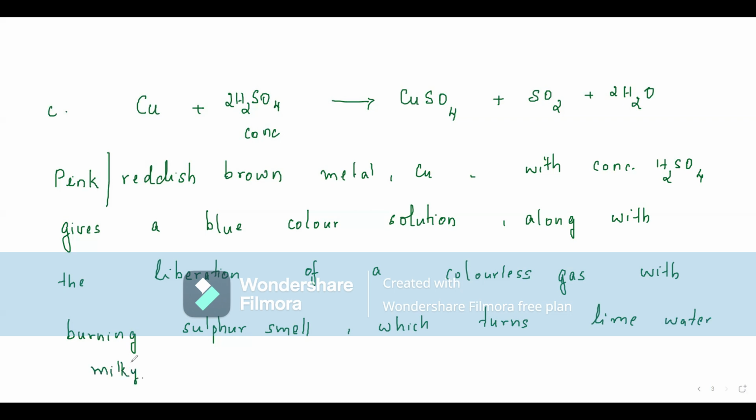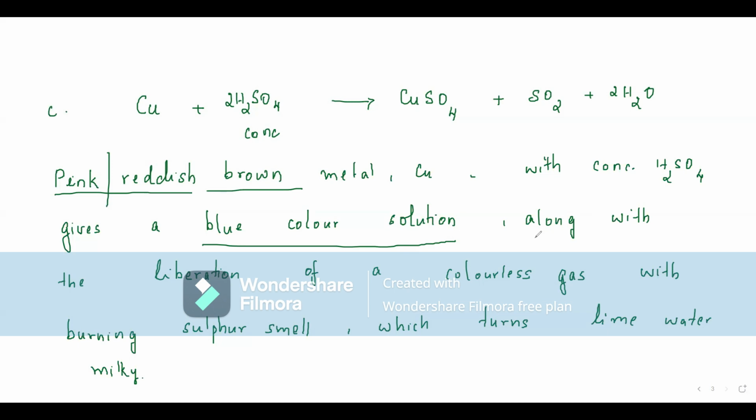Now, actually, if you're finding it difficult to memorize such a long observation, make sure that at least pink or reddish brown metal, that color you're writing, and solution turns blue. This is sufficient for 1 mark.